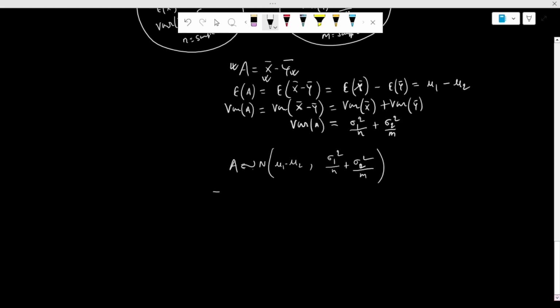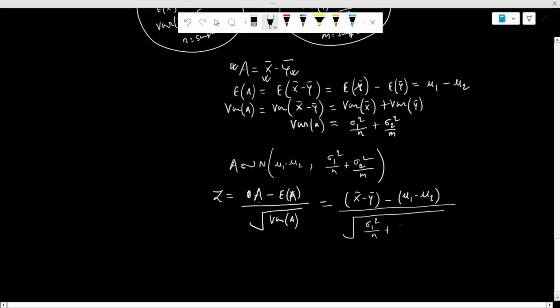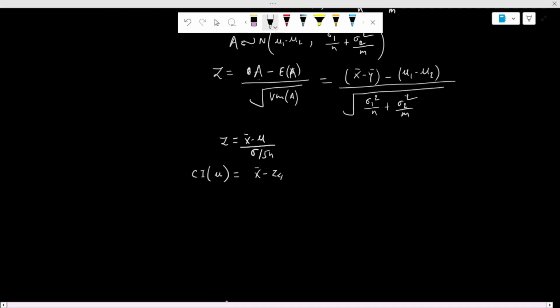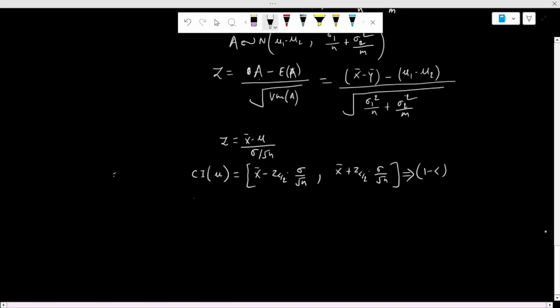Now let us calculate the Z score. We know that the Z score is equal to the sample mean minus its expectation, that is the population mean, divided by the square root of the variance of A. Let us substitute the values. When Z was equal to x bar minus mu divided by sigma divided by root n, we calculated the confidence interval of the population mean mu. In this case, sigma divided by root n is the square root of the variance of the sample mean.